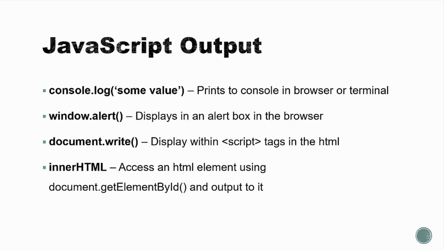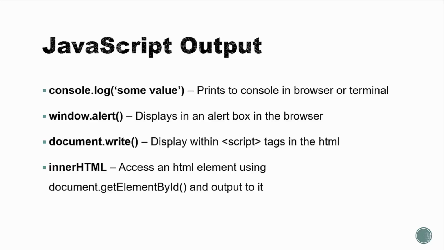So when we talk about JavaScript output, there's a few different things that we can do. We'll probably use console.log the most, and what this does is it'll print whatever we ask it to out to the console within a browser or even within a terminal. For instance, in Chrome, if you hit F12, it'll open up the Chrome tools and you can use the console there.